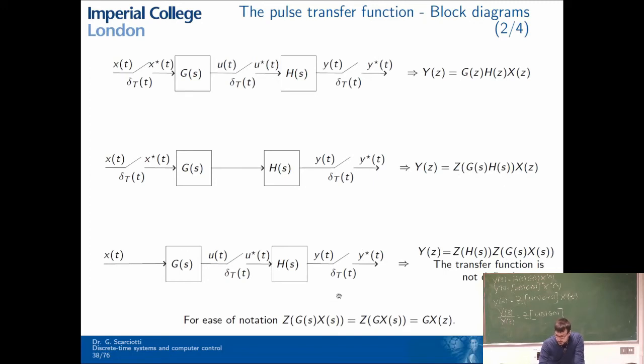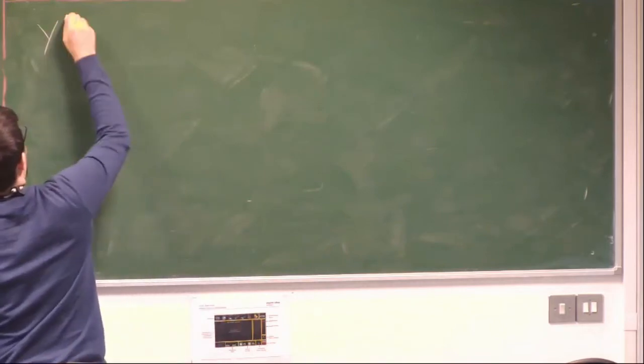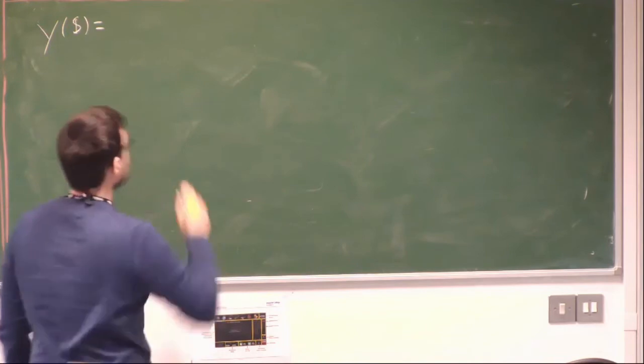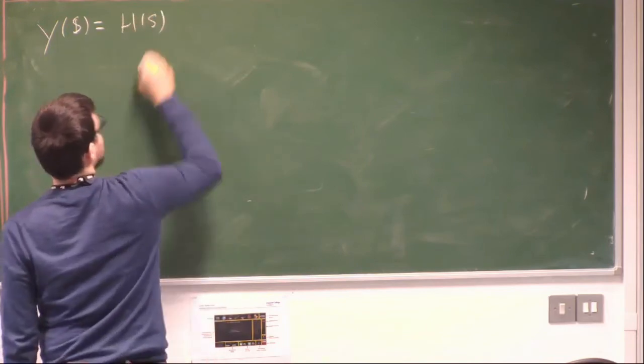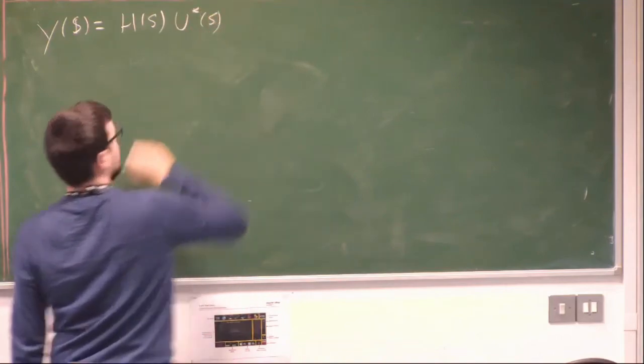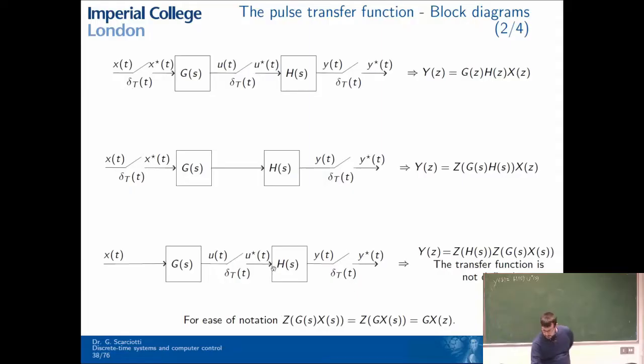Let's now look at this other example at the bottom. Here we have that y of s is equal to h of s times u star of s, because we have a sampler here, so we have u star, okay?